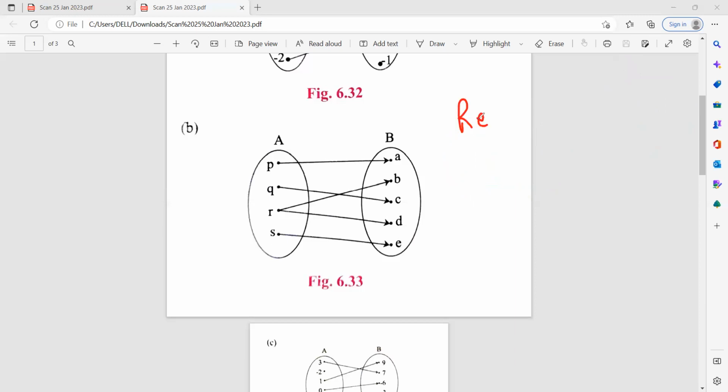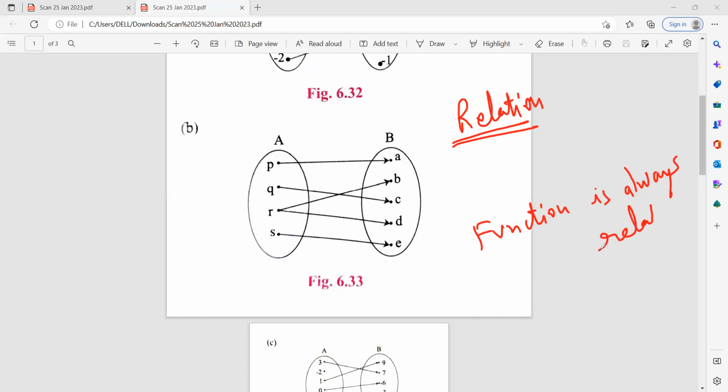So a relation may or may not be a function, but a function is always a relation.